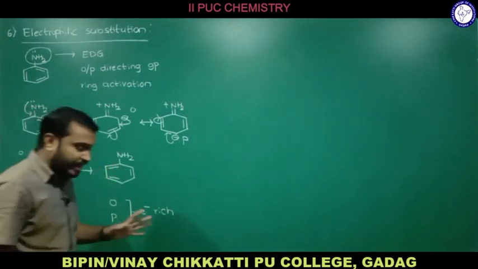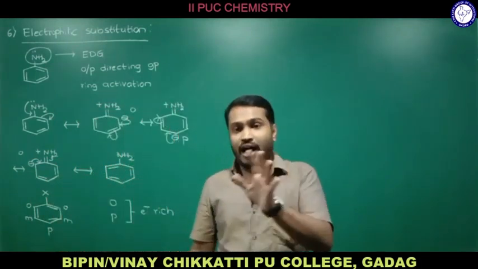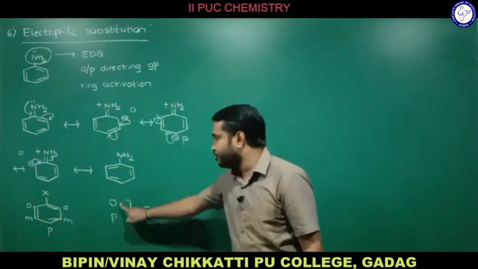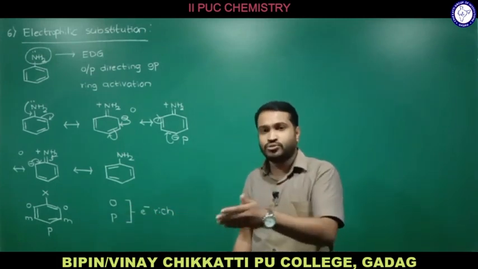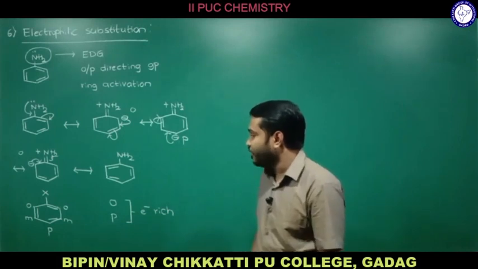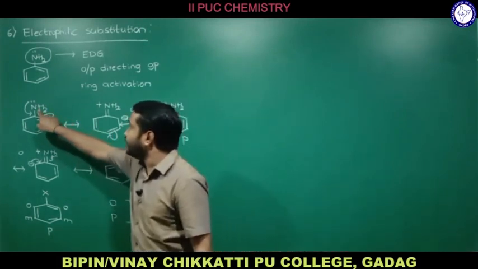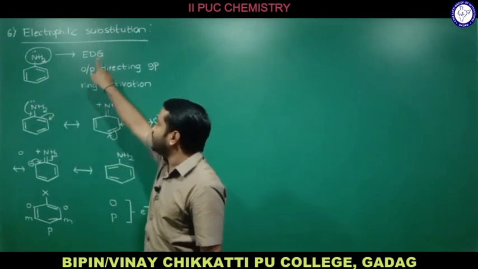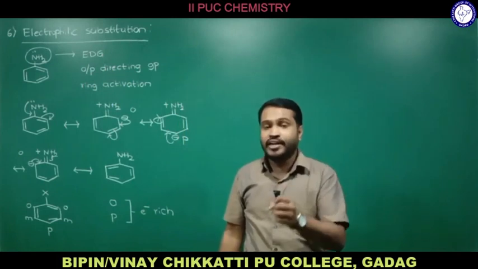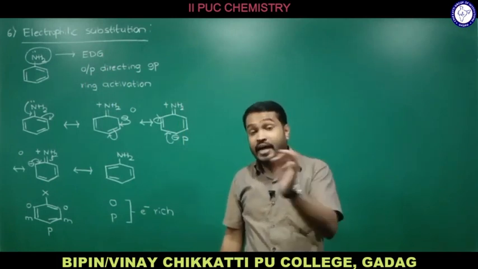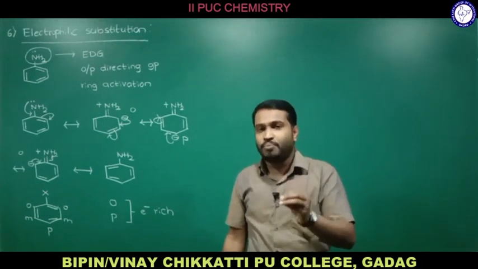Because of that reason, the incoming electrophile is going to attach either at ortho position or para position. Sometimes at ortho position, para position also, major and minor products we are going to get. So this is the reason: electron donating groups are ortho para directing groups. Means if you have an electron donating group, that directs the incoming electrophile to either ortho position or para position.